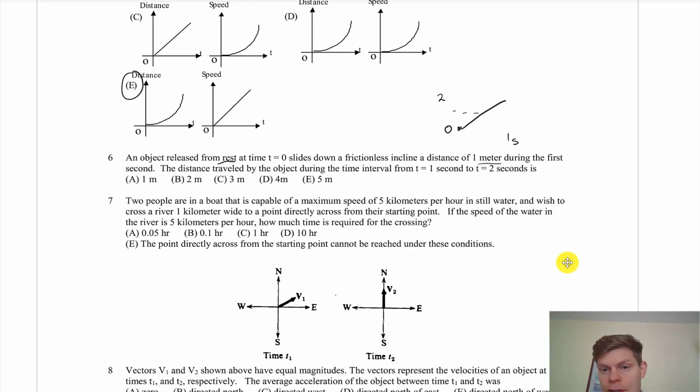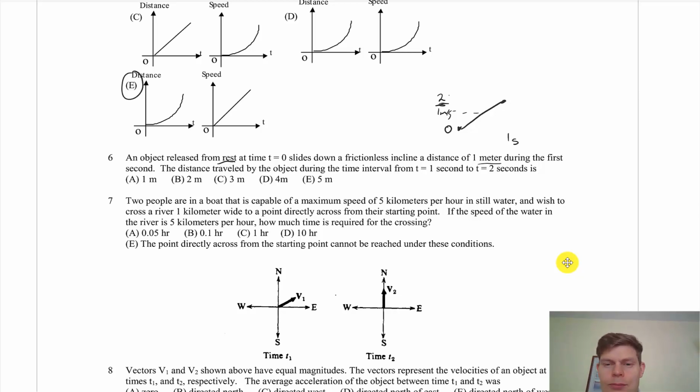Your average velocity is 1 meter per second, but that's got to be in between the two endpoints. 0 meters per second at the beginning, 2 meters per second at the end of 1 second. Anyway, so basically this must be 2.